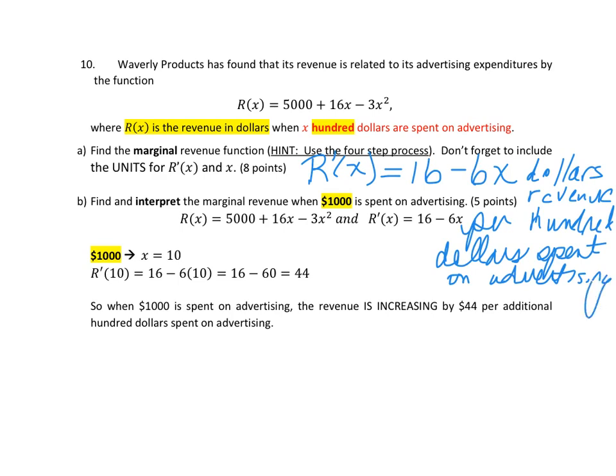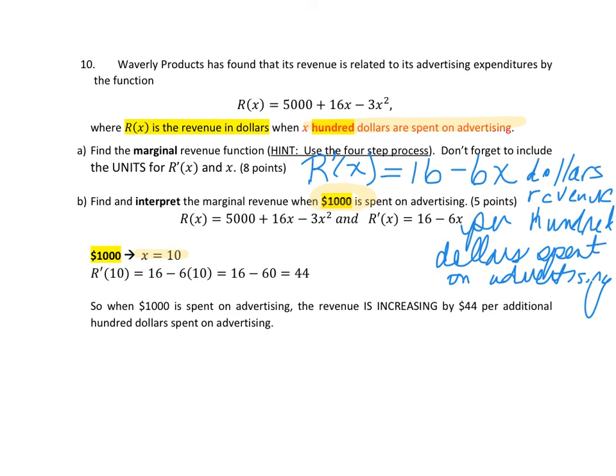And the key here, once again, is the fact that it is $1,000, but x is measured in $100 spent on advertising. So $1,000 is not what you plug into this function. x is equal to 10. $1,000 is equal to 10 hundreds.